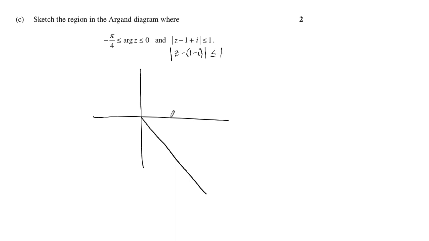So 1 minus i is there, if that's 1, and that's minus i. And we want the distance between z and this point to be less than or equal to 1. So that gives a circle with radius 1 around that point. And then we're just interested in points that are within that circle, because it's radius less than or equal to 1, and within that range of angles. So that's this.